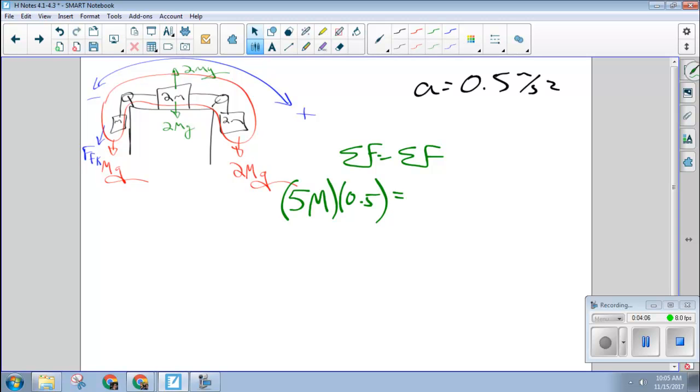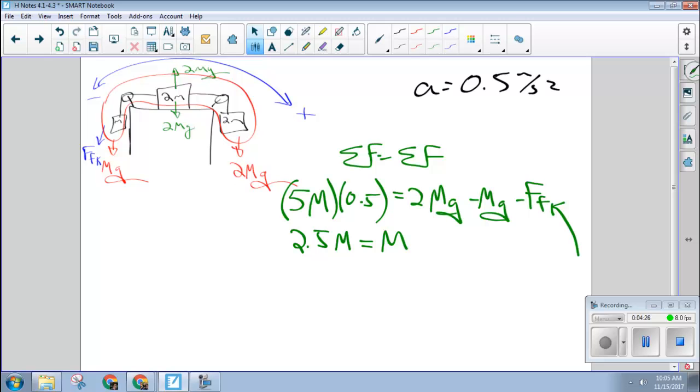All right. So equals our total force, which is 2 mg minus mg minus our force of kinetic friction, right? Follow? So you get 2.5 m, equals mg minus f_k.